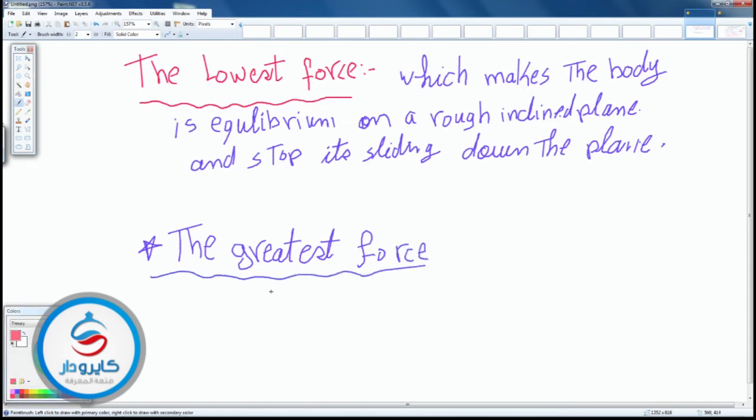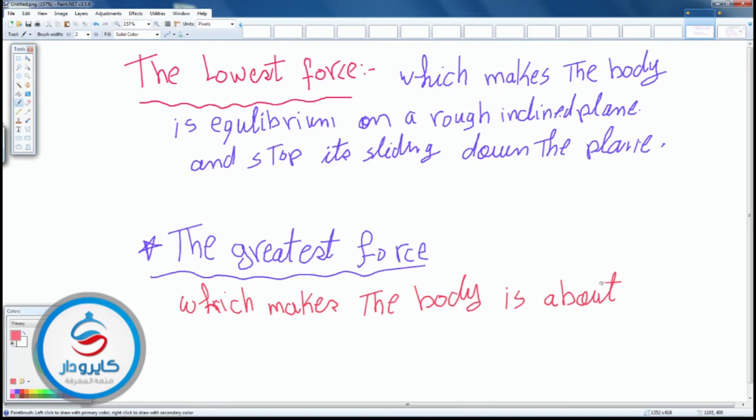What is the greatest force? This is the force which makes the body about to move up the plane.